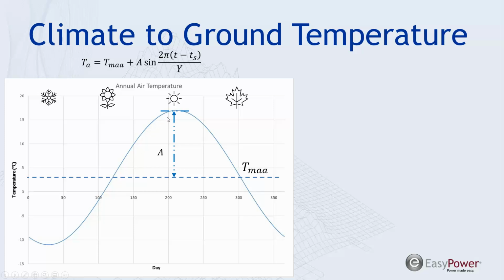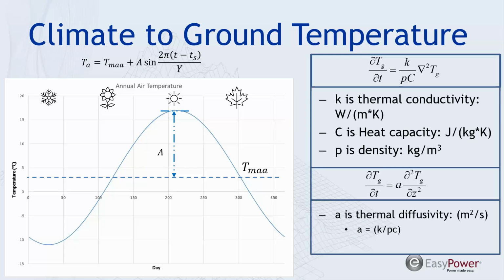And this is approximated just with a sinusoid wave. And we're able to use this predictable pattern in order to calculate what the soil's temperature will be using some of the equations from thermodynamics.